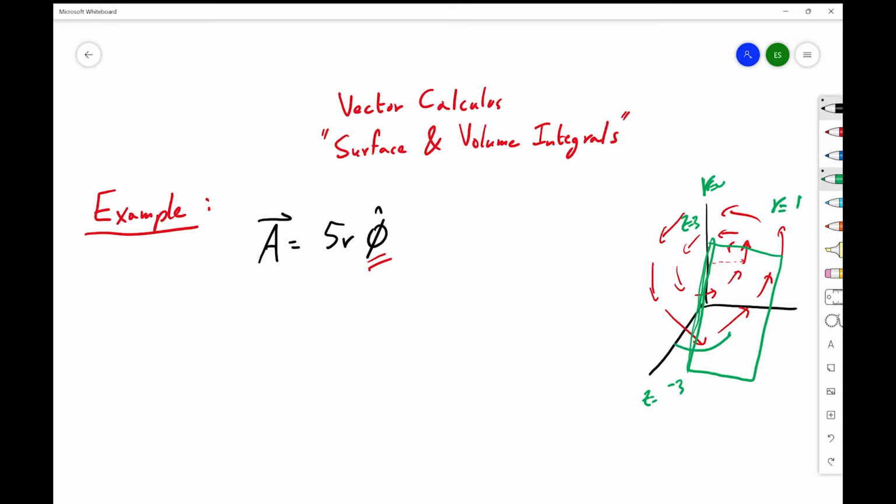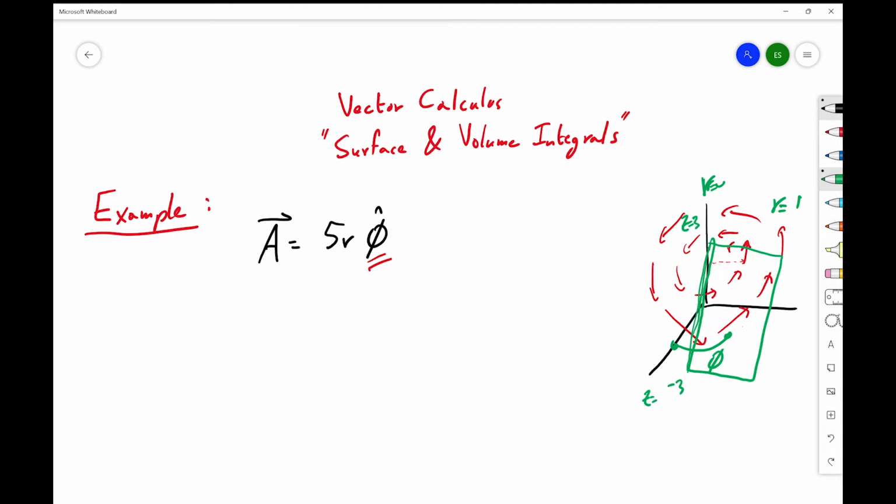Imagine this page embedded in 3D space at a certain angle phi. The idea is, what is the flow of that vector field into this surface? So this is a problem where we can apply integration.